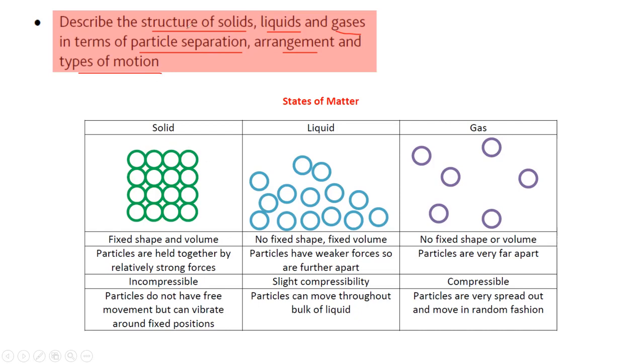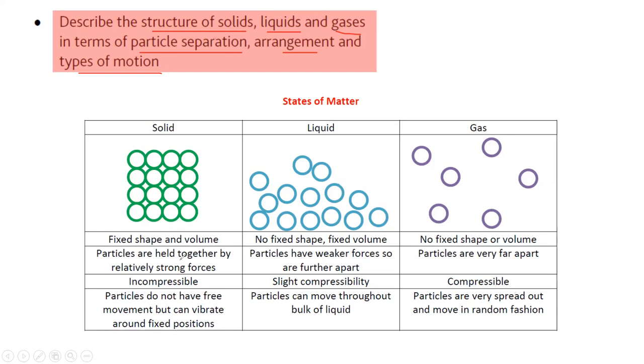You should be able to explain the structure of solid, liquid and gas in terms of particle separation, arrangement and types of motion. When we say particle separation, in solid, the particles are very close to each other. In liquids, the particles are not very close, but they can move around each other.